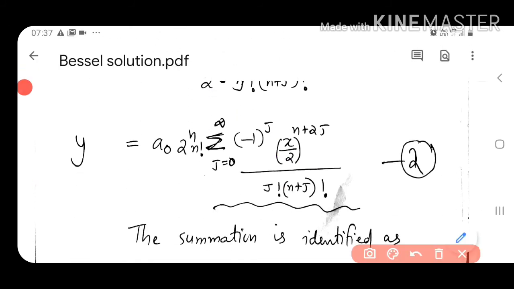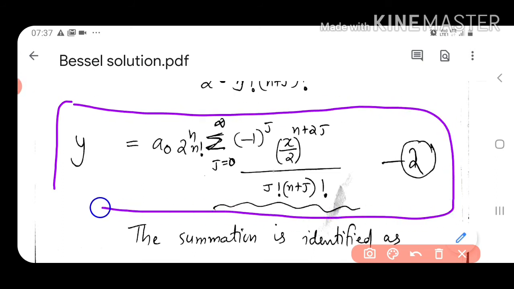Okay, so we have y equal to a0. And this is written as y1, the first solution that we get. That is a0 2 to the power n factorial.